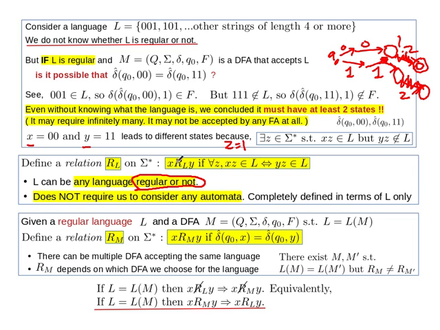This definition is based only on L. So for any L, we define this relation: x RL y if and only if for all z, xz is in L if and only if yz is in L.